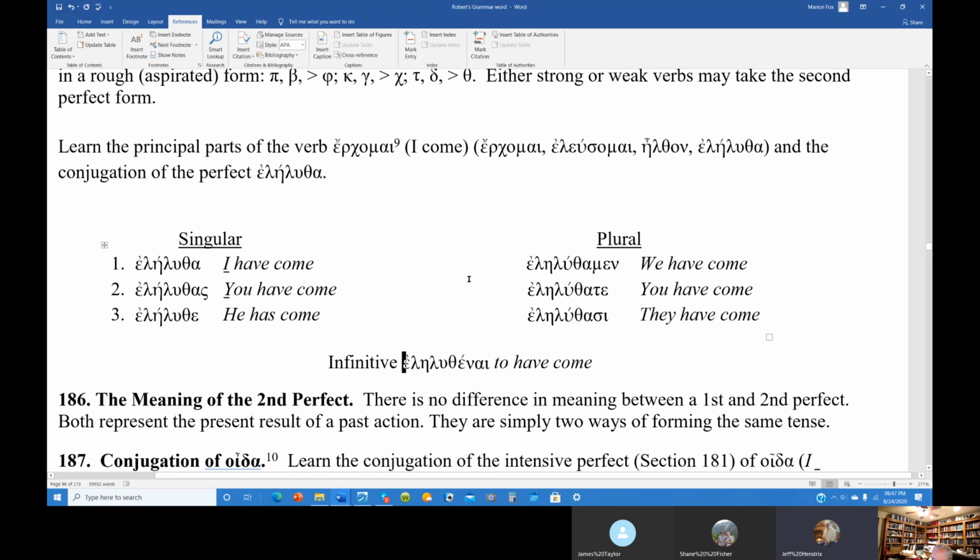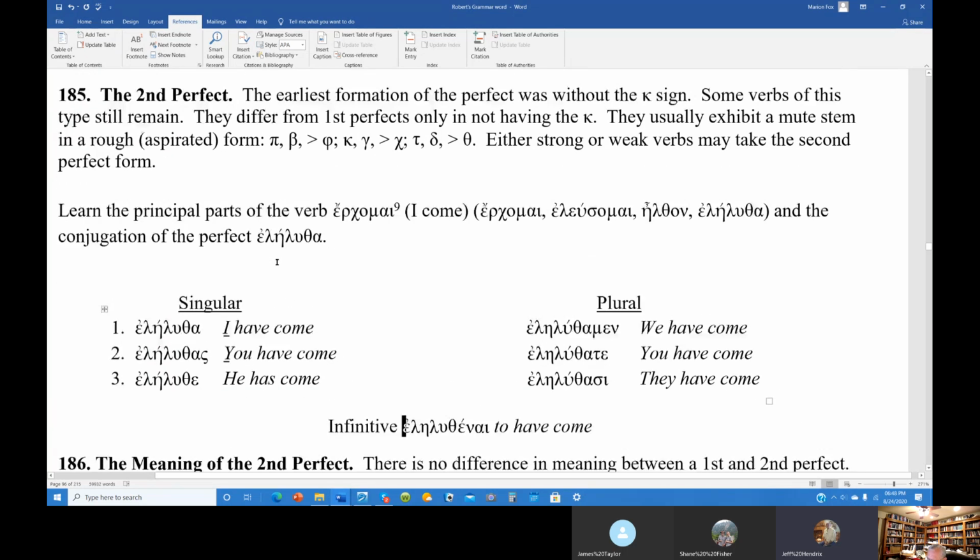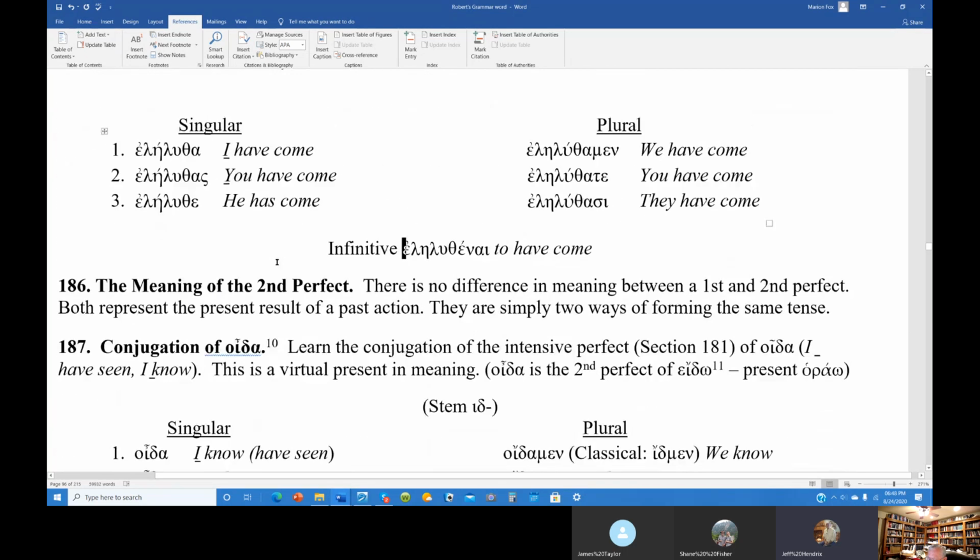So this is from erchomai, and it has a completely different form. It's kind of an important word since it's found so many times. We'll get into our translation a little bit later, okay? The difference between your second perfect and first perfect is just in the form. It has no difference in meaning.